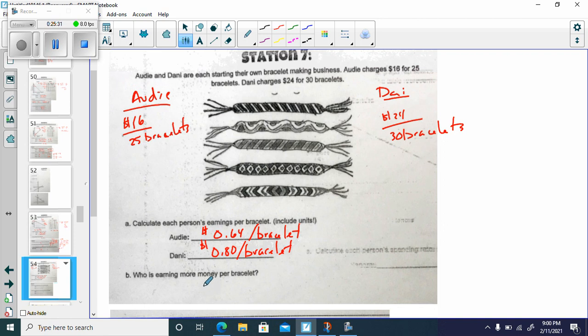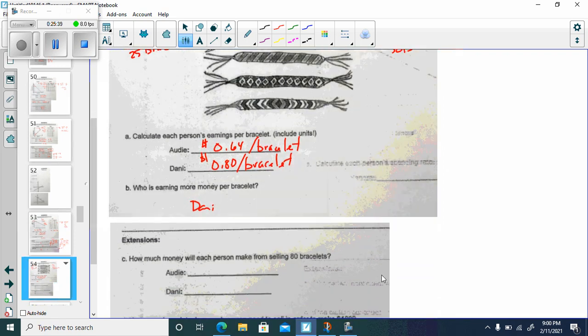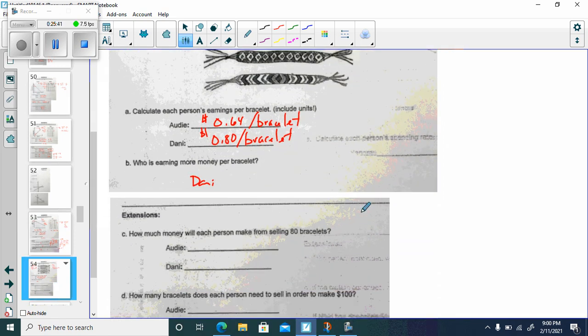Who is earning more money per bracelet? That would be Danny. How much money will each person make selling 80 bracelets? Okay, so for Audie, y is equal to 64 cents per bracelet times your number of bracelets. And this is 80 bracelets, so 64 cents times 80.